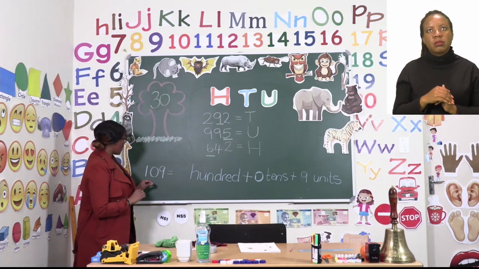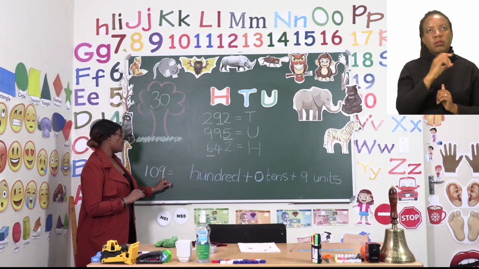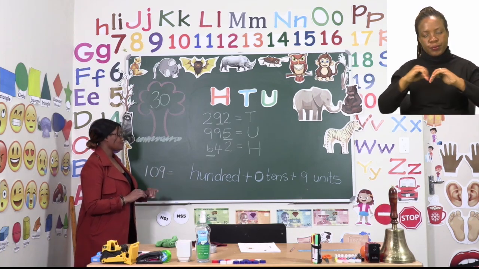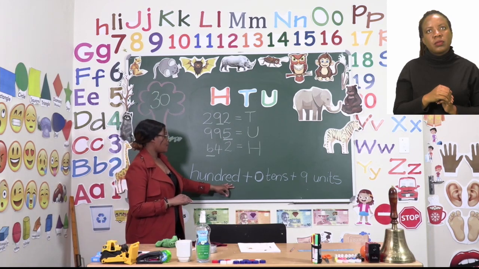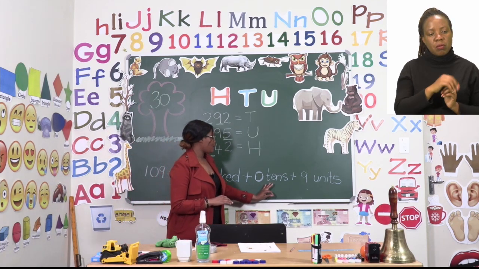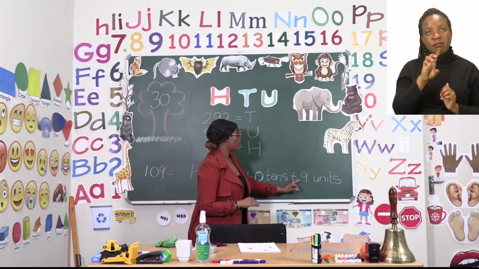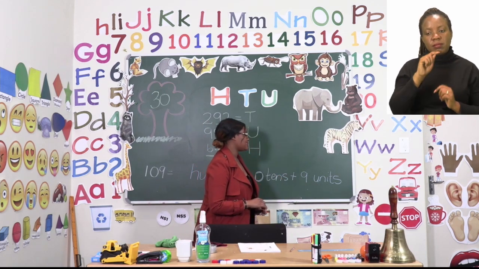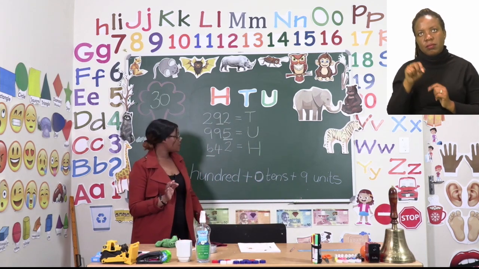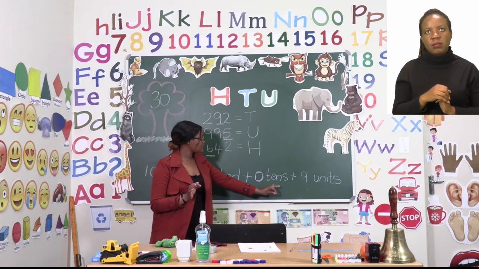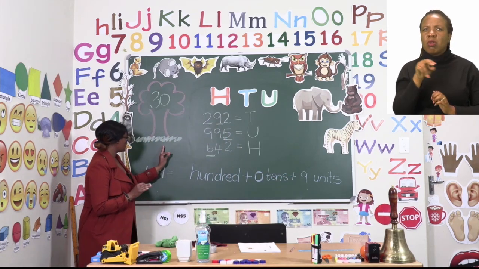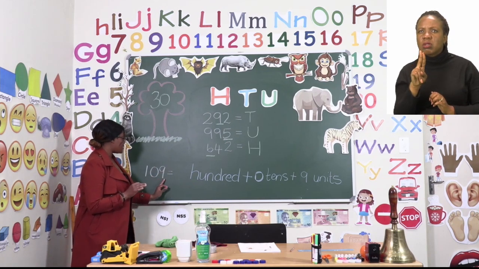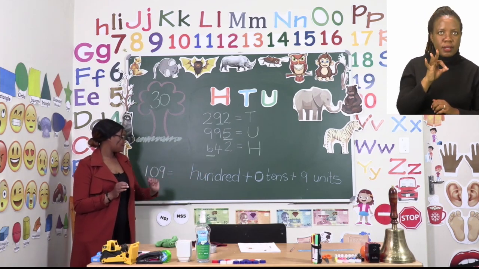This one says 109 will equal. So, first we have to write 100 plus dash tens plus dash units. I have already put 0 for the tens and 9 for the units because we started at units and there's 9 units.